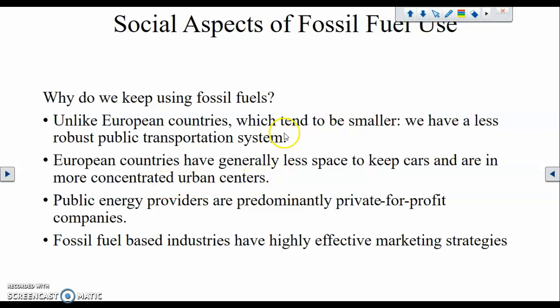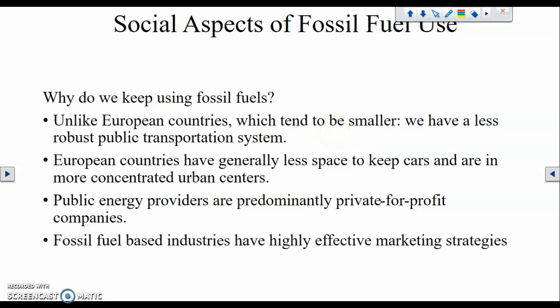The other thing is in a lot of other countries, public energy providers are not-for-profit. They're truly public utility companies, meaning they're co-ops, meaning the company is beholden to the people that they serve. Whereas in the United States, We Energies is a private company, right?